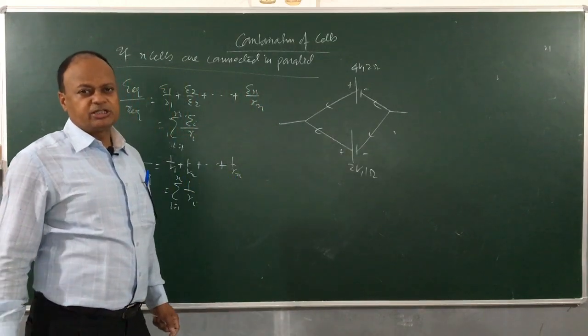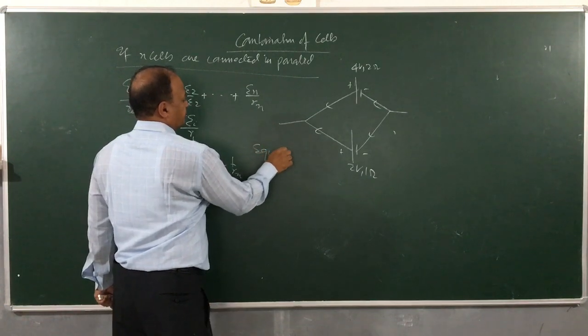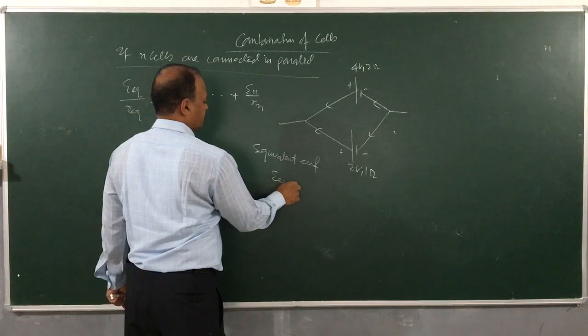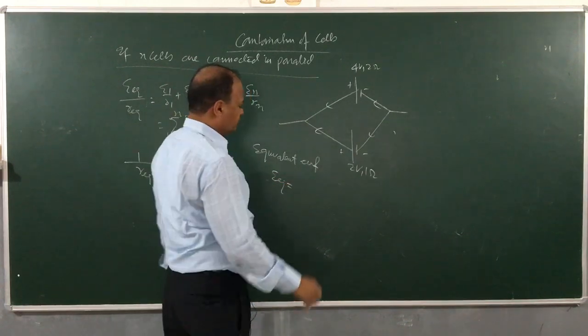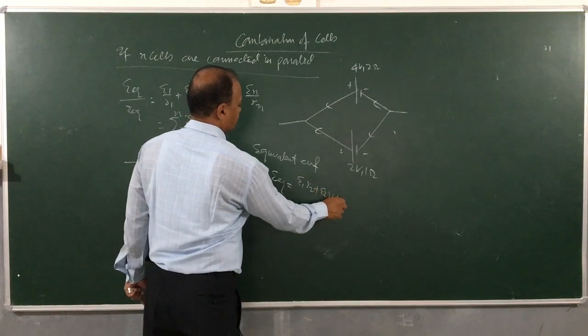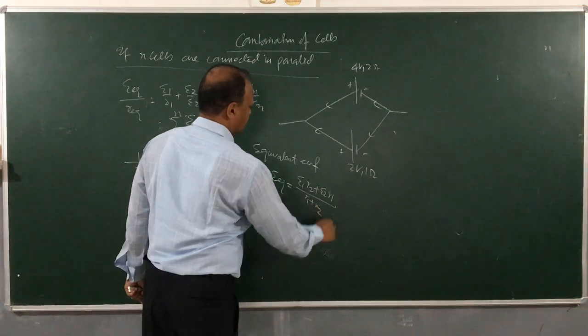So if I want to calculate how much is the equivalent EMF, then equivalent EMF will be, children, (E1 R2 plus E2 R1) divided by (R1 plus R2).